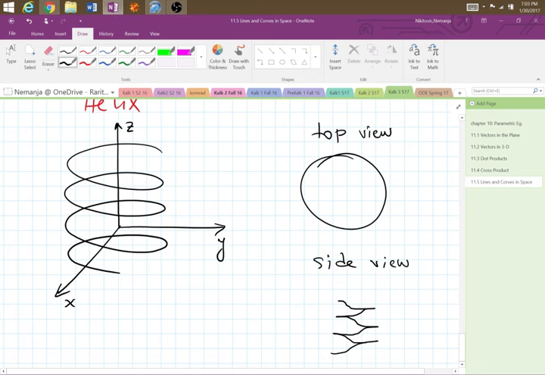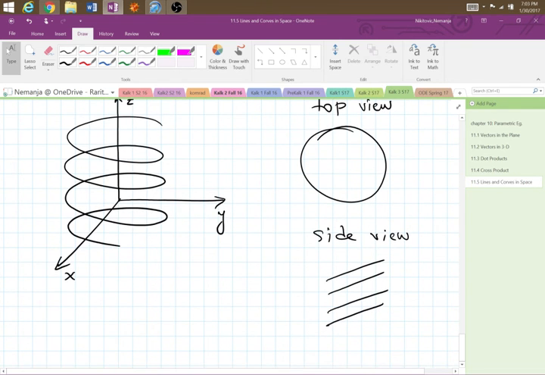So you say, all right, can I simplify this? If I just ignore the back and just look at the front of it, it might look like this. Simpler version. So you say, all right, how do I construct this three-dimensional vector valued function which describes this thing?